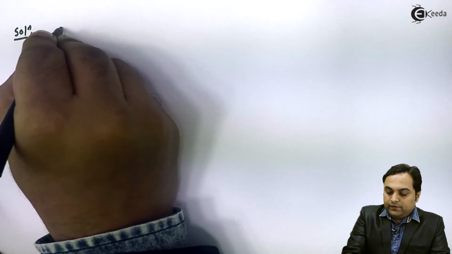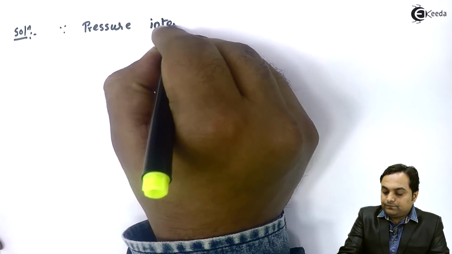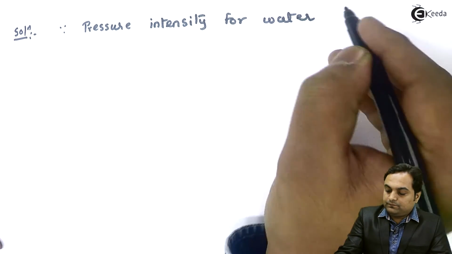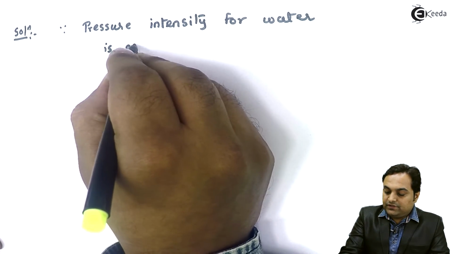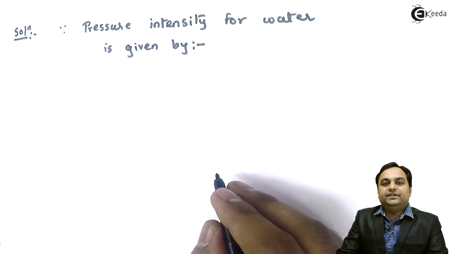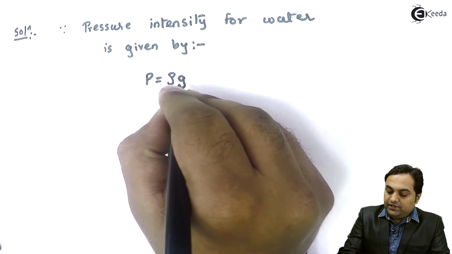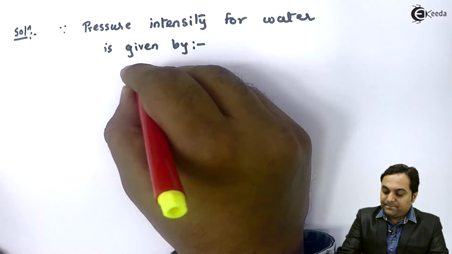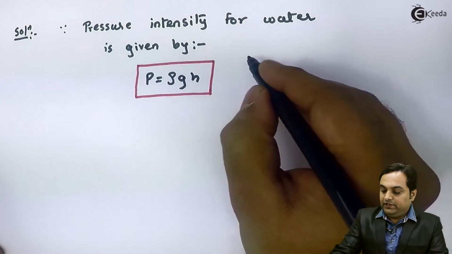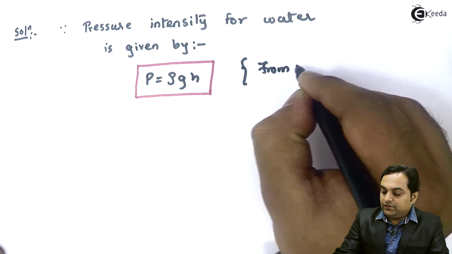Solution: since pressure intensity for water is given by the formula of pressure intensity, it is P is equal to rho G into H. Now this pressure intensity formula has come from hydrostatic law.